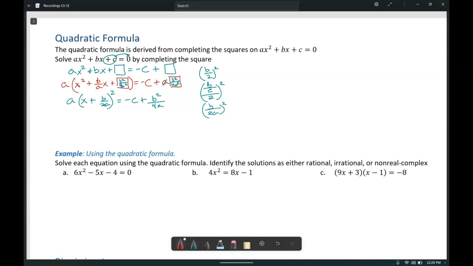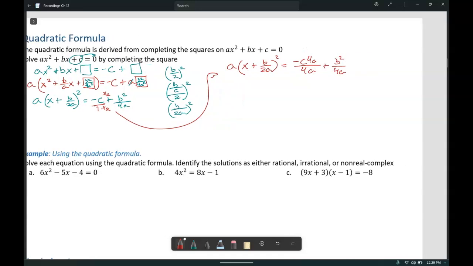Now, what we can do is get a common denominator and add these terms together. In order to get our common denominator here, we need to multiply the top and bottom of c by 4a. So we're going to end up with a times x plus b over 2a squared equals negative c times 4a over 4a plus b squared over 4a.